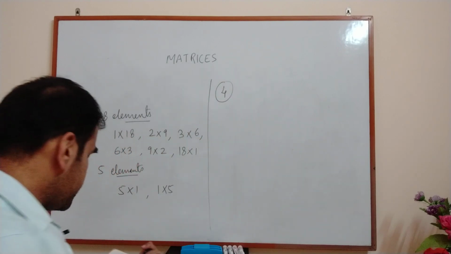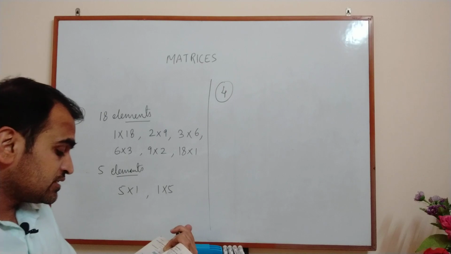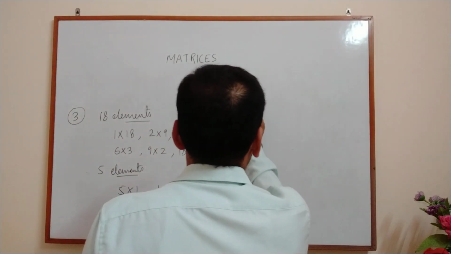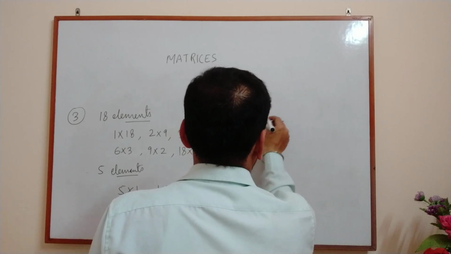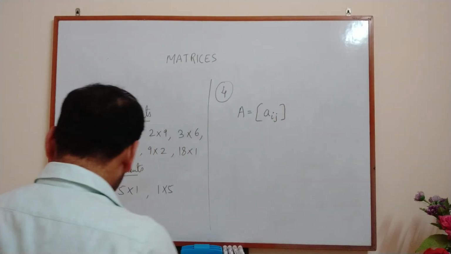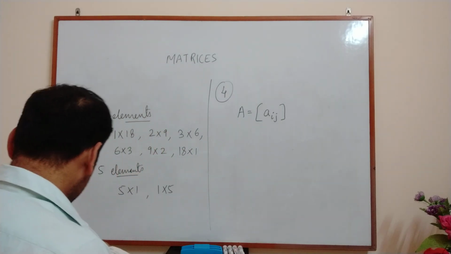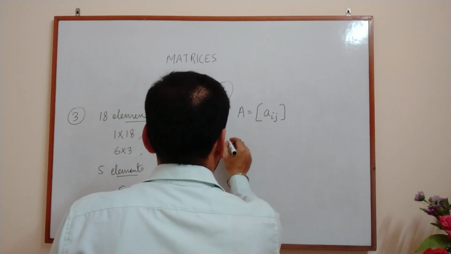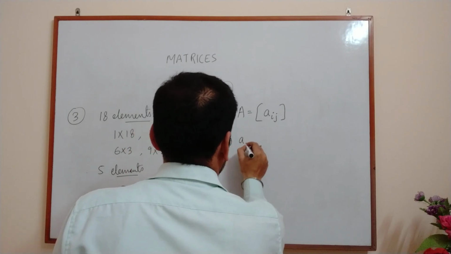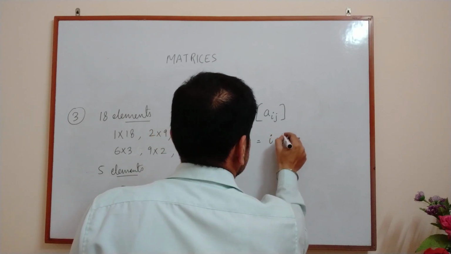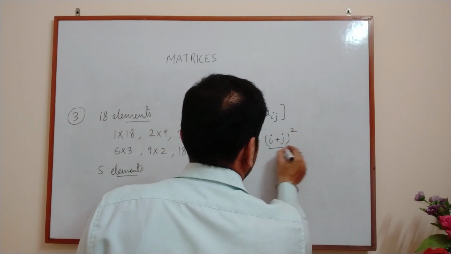In the fourth question, we need to construct a 2 cross 2 matrix A is equal to Aij. So the matrix is represented by this Aij, and the matrix is of the order 2 cross 2. The first part gives Aij is equal to i plus j whole square by 2.